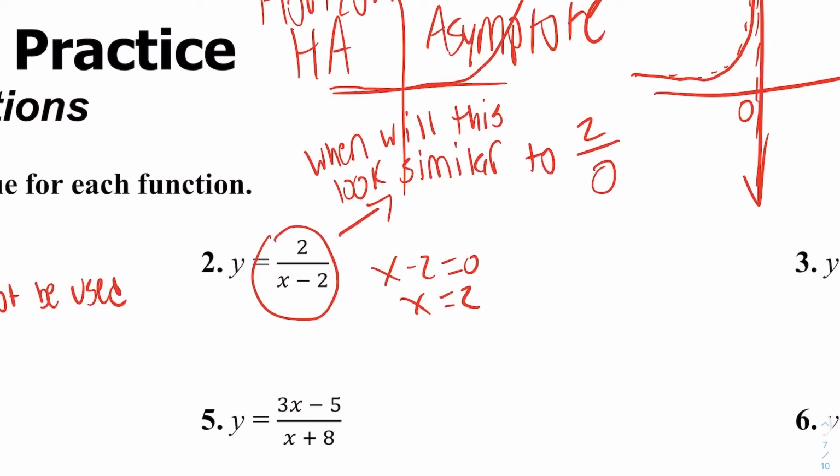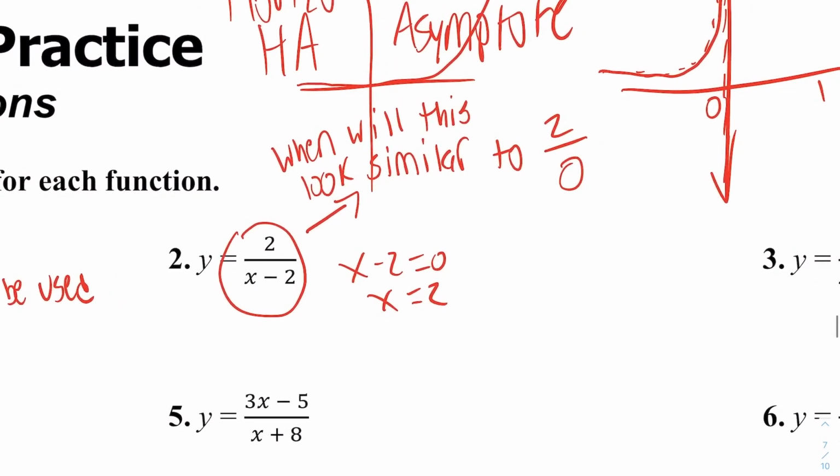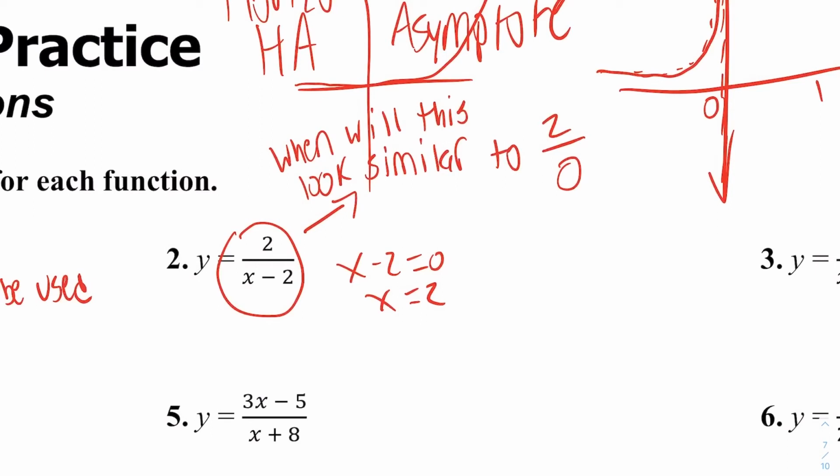When we're setting the denominator equal to 0, what we're doing is we're checking for when is this equation, this 2 divided by x minus 2, when is it going to look something like 2 divided by 0? What x, if I plug it in, would make 0 in the denominator? Because if you get 0 in the denominator, it's going to make an asymptote. And you can't plug in for an asymptote. x equals 2 cannot be used.